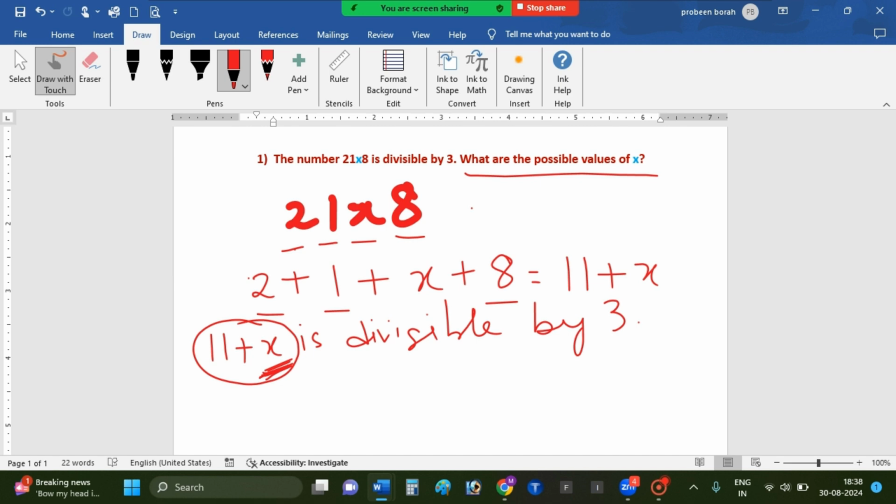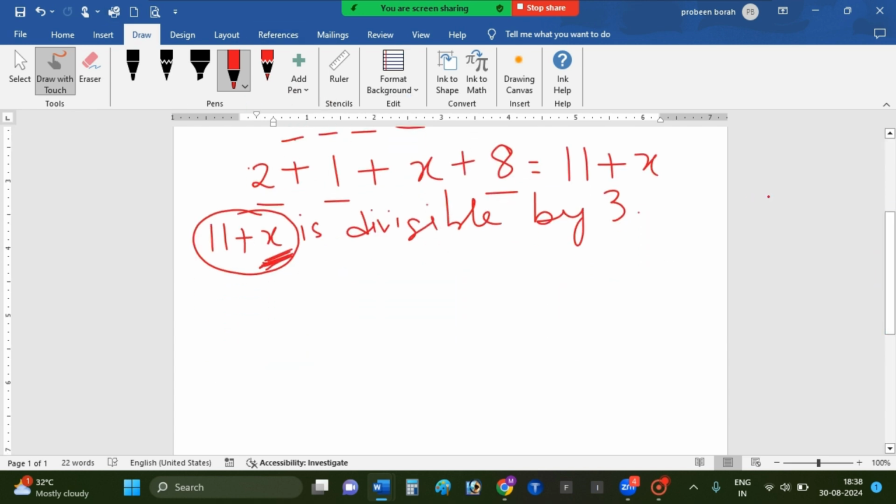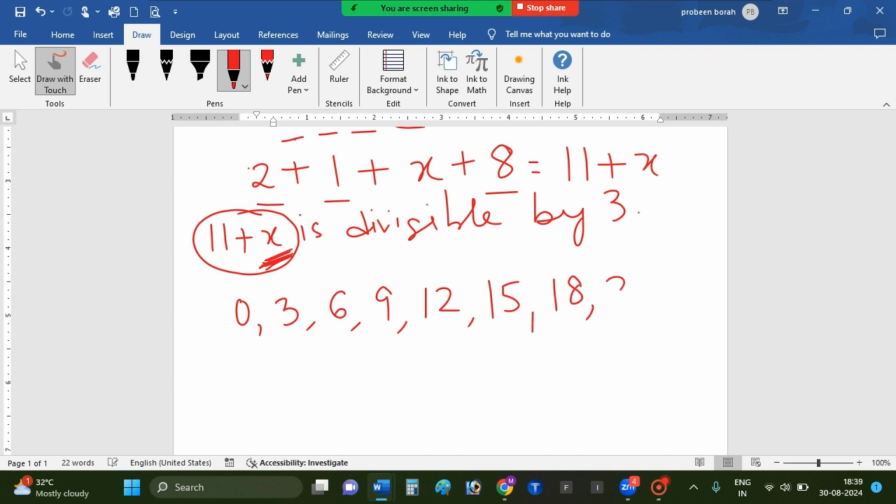Right. So we know for a number to be divisible by 3, let us go through the multiples of 3. The multiples of 3 are 0, then 3, then 6, 9, 12, 15, 18, 21.